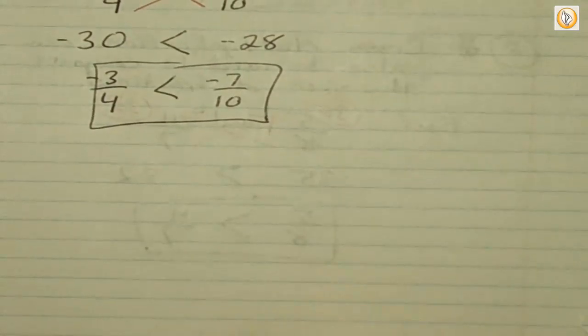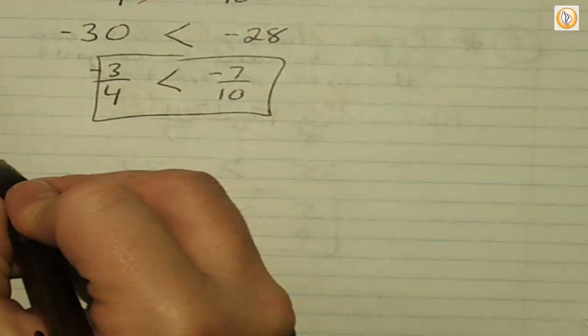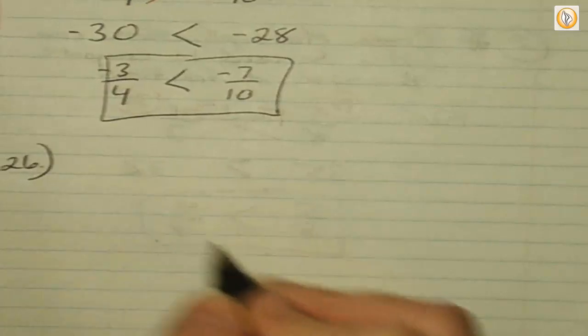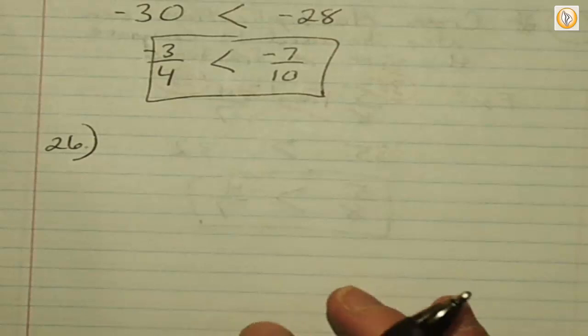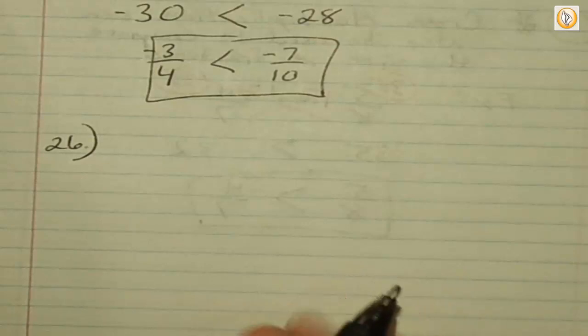Okay, let's look at 26. What do the directions say, Michaela? Yeah, you're supposed to have your book out, dear. Let's see. Emily, what do the directions say?